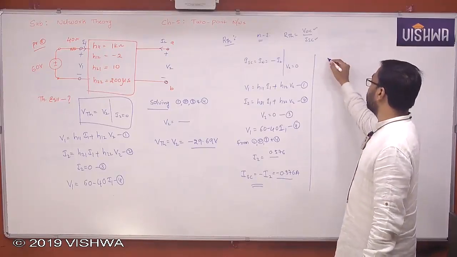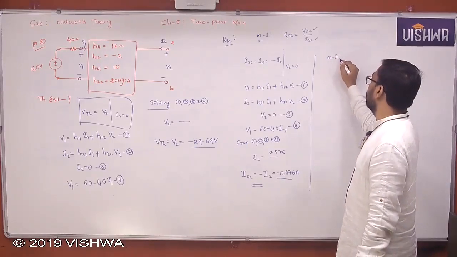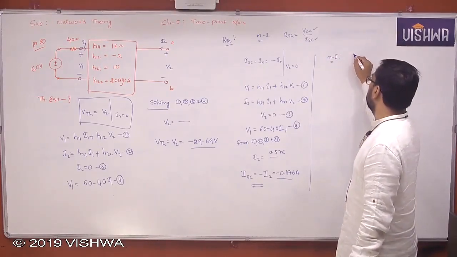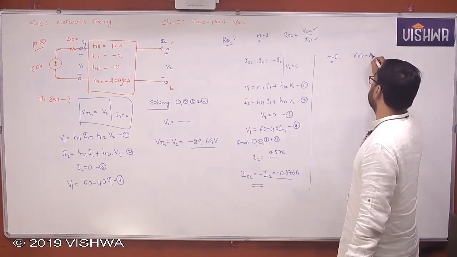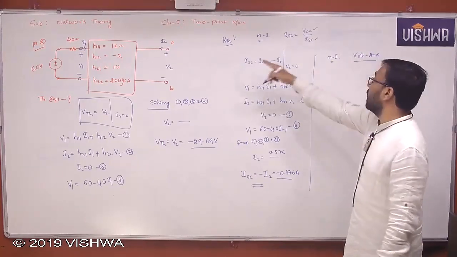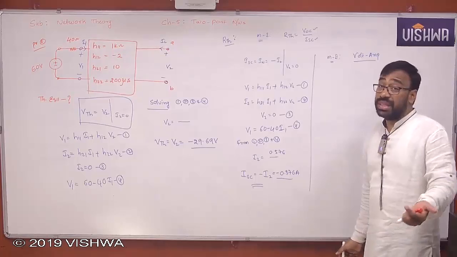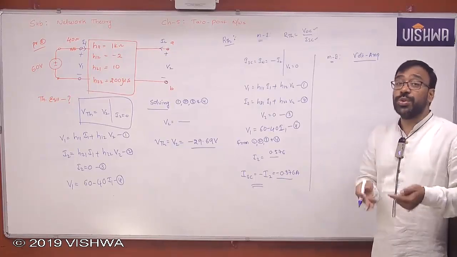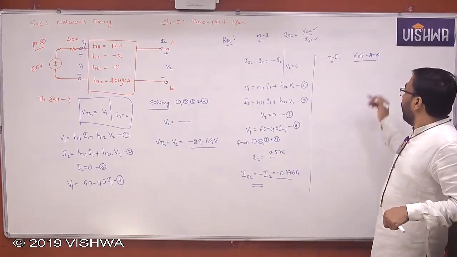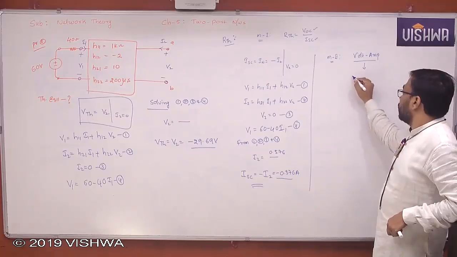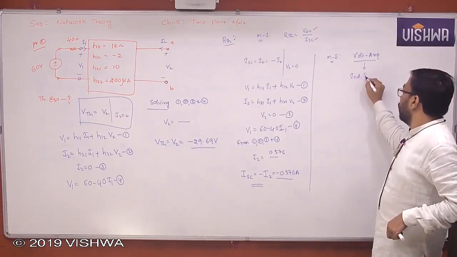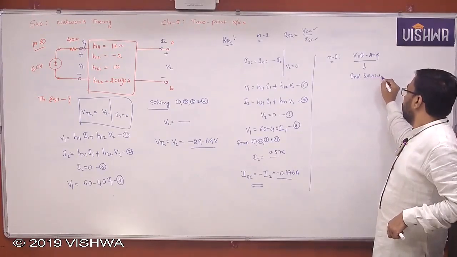Now, RTH method 2, Oldham method. You can calculate RTH using Oldham method. Yes, both the methods are important, I am telling you, depending upon the situation you are supposed to apply. So according to Oldham method, you have to suppress all independent sources. Independent sources must be suppressed.